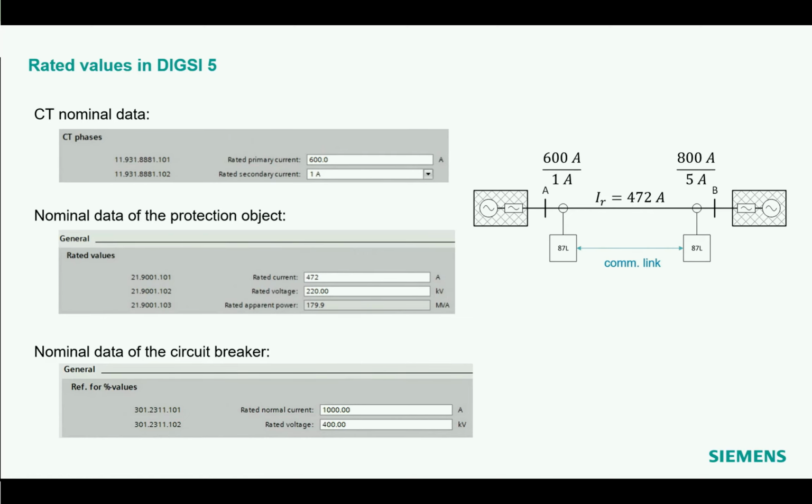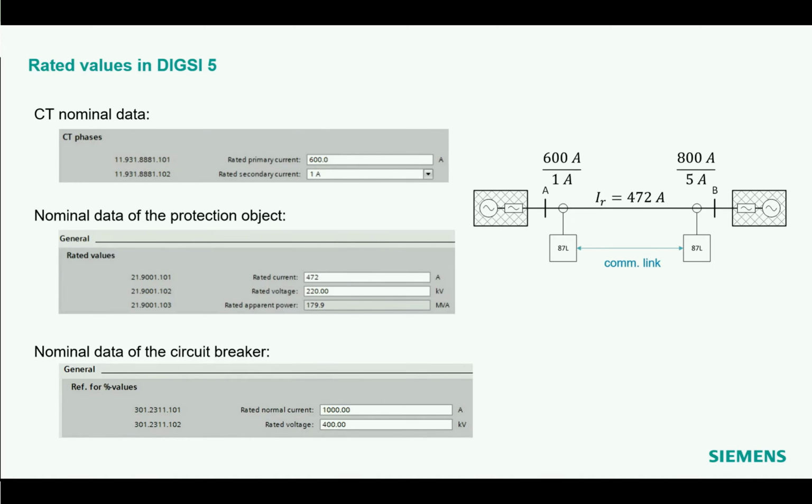And the last nominal data setting is the one you find in the tab of the circuit breaker. So here it's under circuit breaker in general. Here is also a rated nominal current. And for this setting, it's important to understand that this is the reference value for the percentage values in your DIGSI settings. So when you are working with percentage values, this is always the reference.